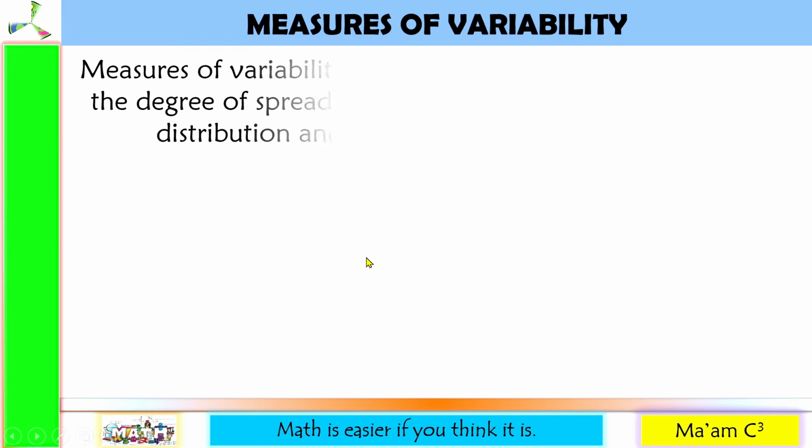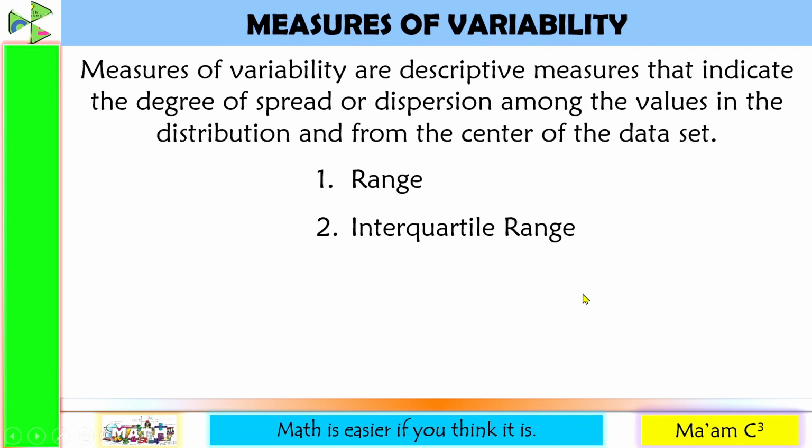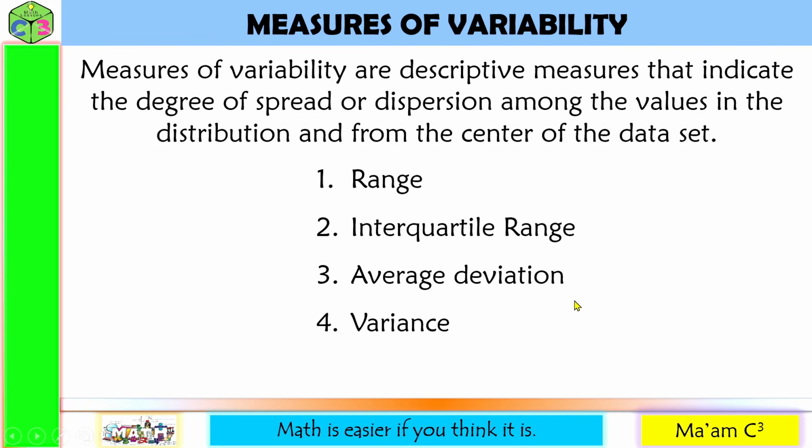Measures of variability are descriptive measures that indicate the degree of spread or dispersion among the values in the distribution and from the center of the dataset. Here are the different measures of variability. We have the range, the interquartile range, the average deviation, the variance, and the standard deviation.